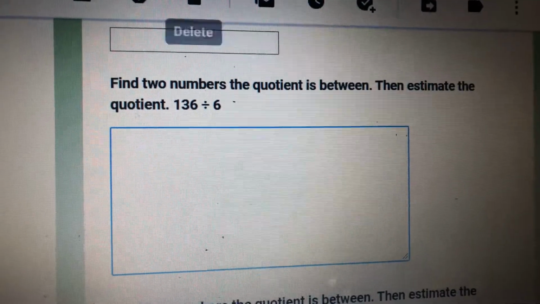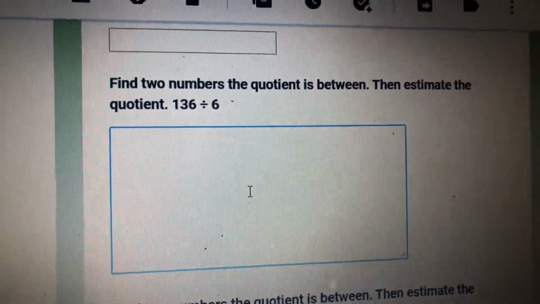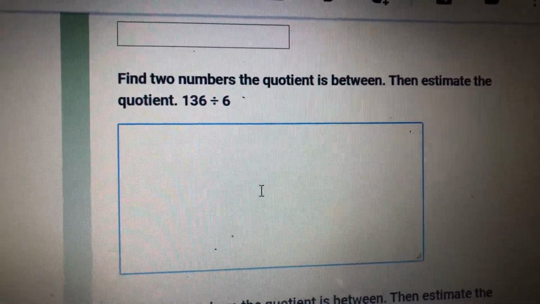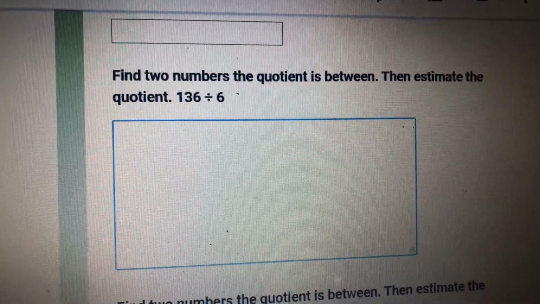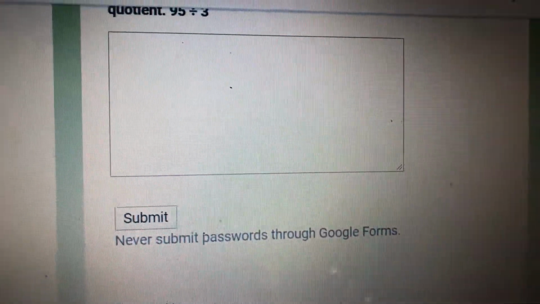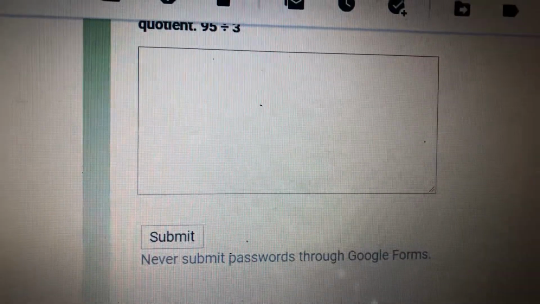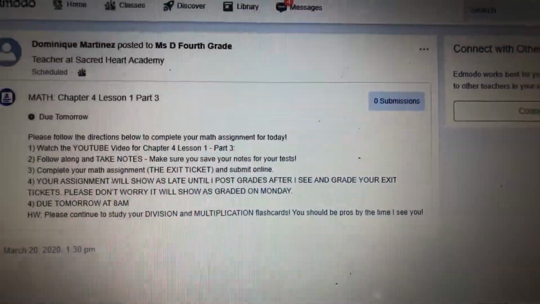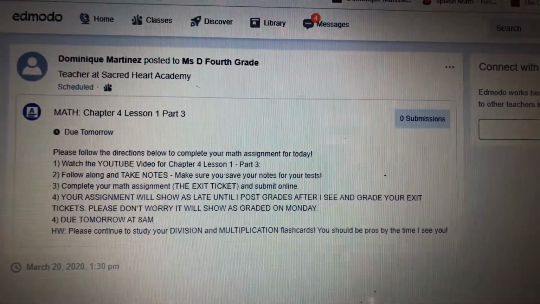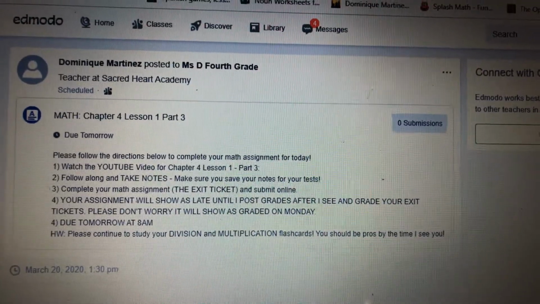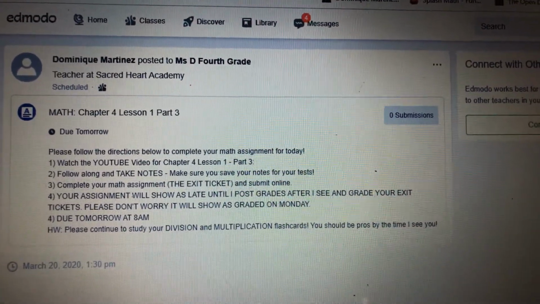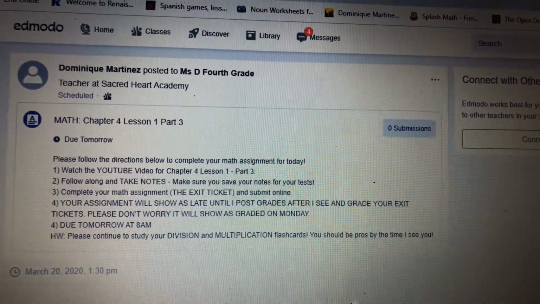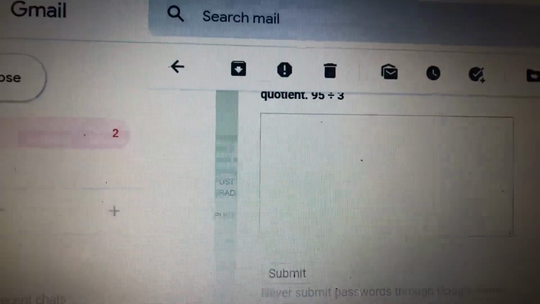Do your exit ticket, and then once you do that, do not worry about submitting any work. You don't have to submit anything other than click submit here. It will show that you never did the assignment on Edmodo. So Edmodo is not going to tell you that you completed it. Okay, it will still show as incomplete. I will, however, put a grade in for you anyway that shows that you submitted this exit ticket.